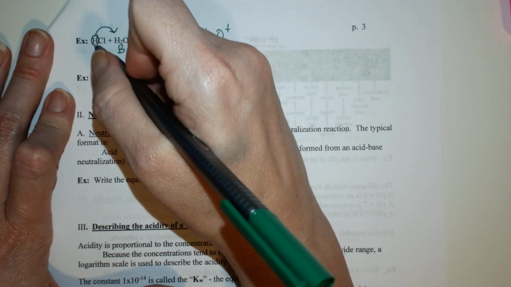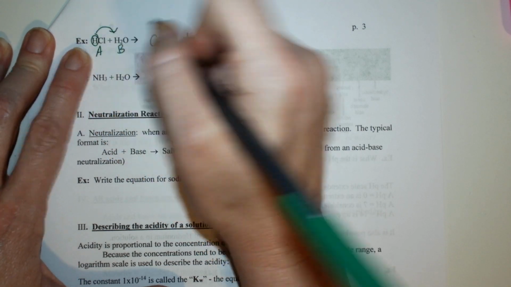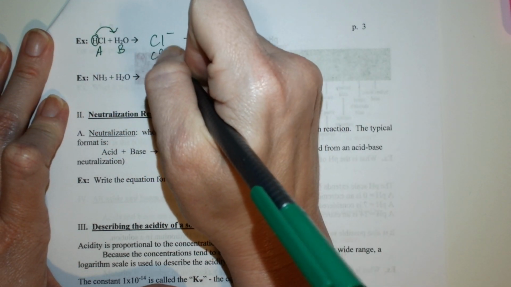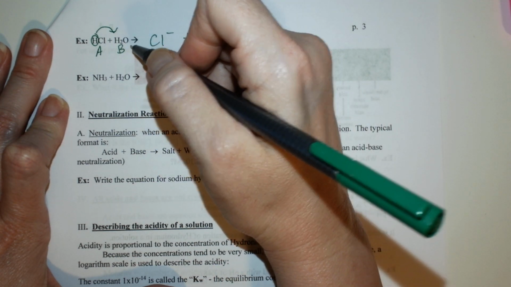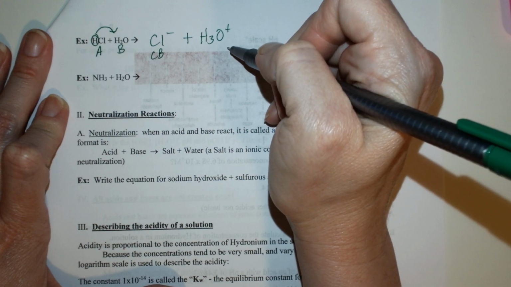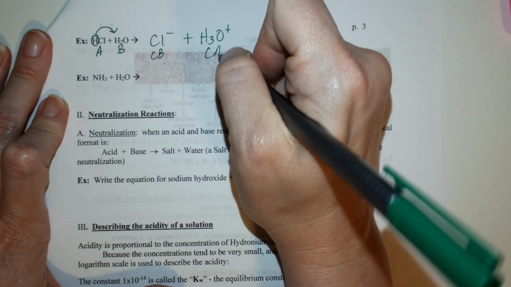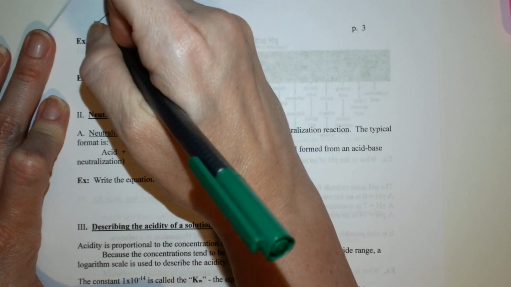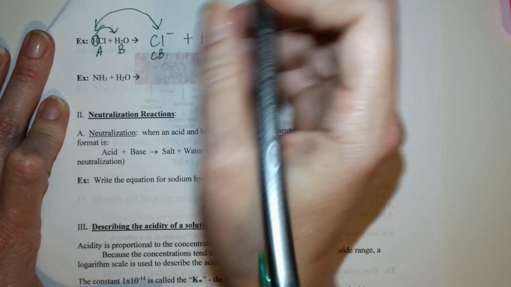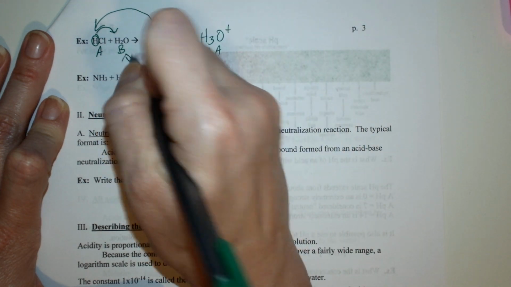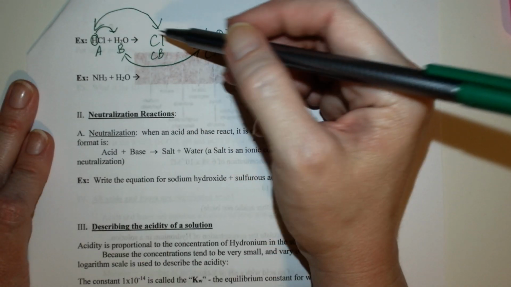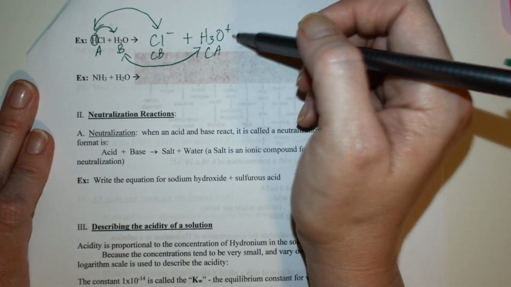The leftovers from the acid, after the hydrogen cleaves off, becomes the conjugate base. What happens to the base after it gains a hydrogen? That becomes acidic. So this is the conjugate acid. These two go together, the HCl and the Cl, and these two go together, the water and the hydronium. So your conjugate acid-base pairs are HCl and Cl negative, and H2O and H3O plus.